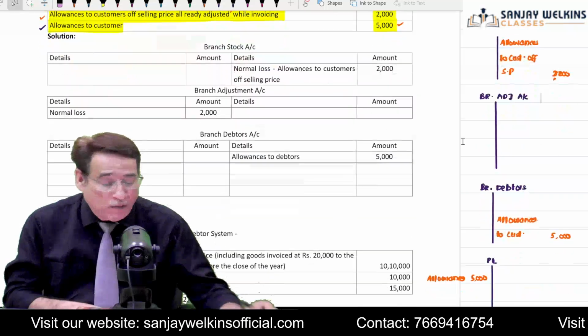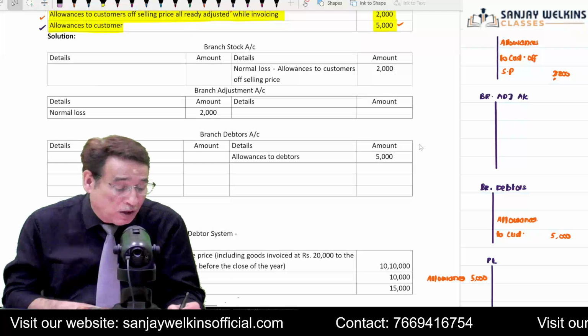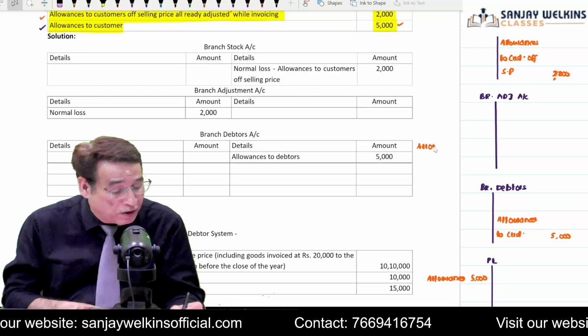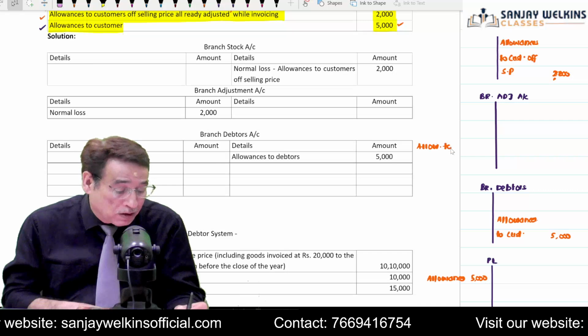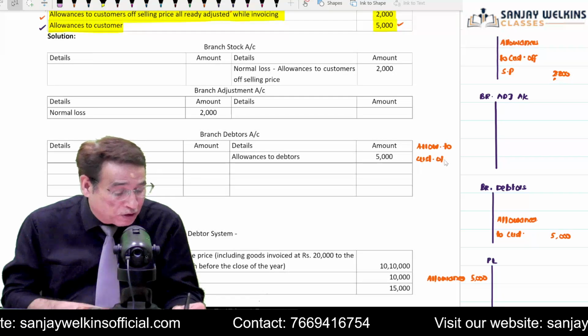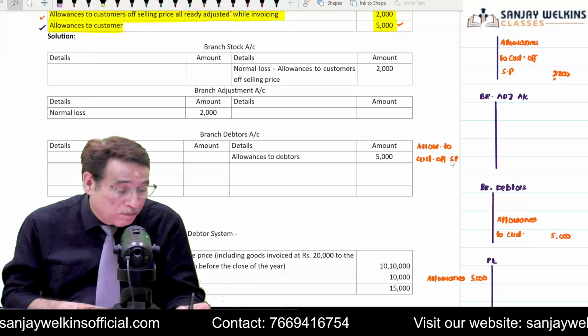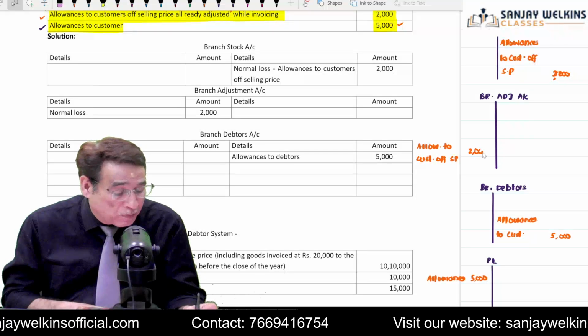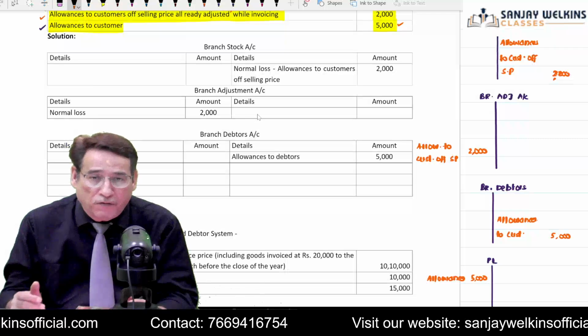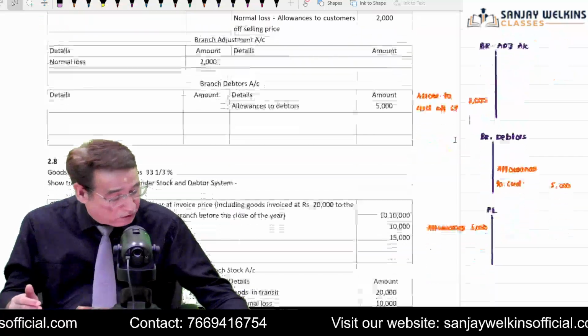Is it clear to you? And because it is a normal loss, you are going to write it on the debit side of the adjustment account also: allowances to customers of selling price. You should know the treatment of these two items, because sometimes they create lots of confusion. Is it clear to you?